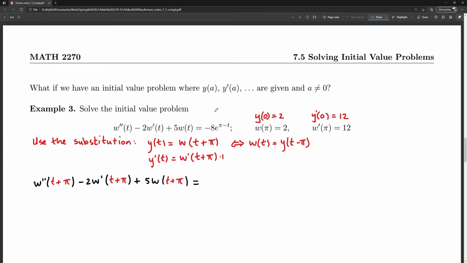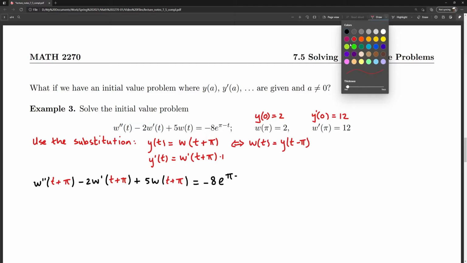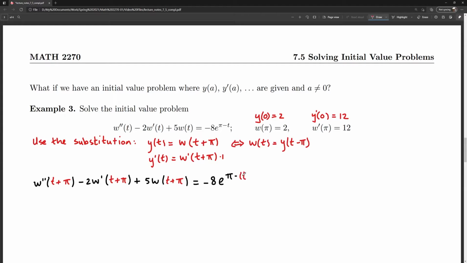And then on the right-hand side, I get negative 8 e to the power pi minus t. I'm going to replace t again by t plus pi. And let's simplify that.